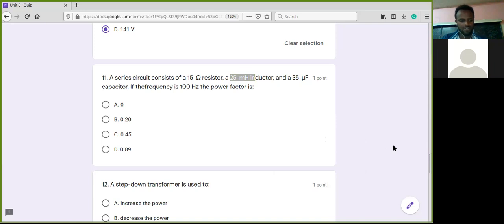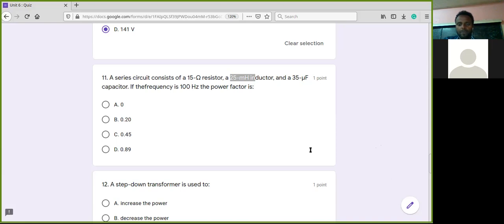XC is 1 million divided by 2 pi f, where 2 times 3.14 is 6.28, times 35. That gives XC. Therefore, XC is 4549.59.